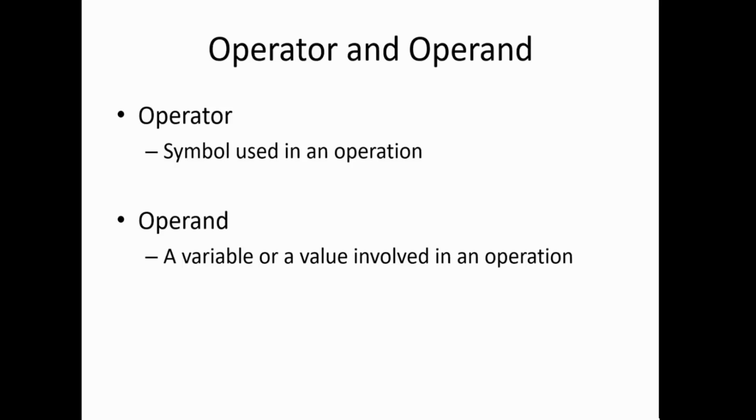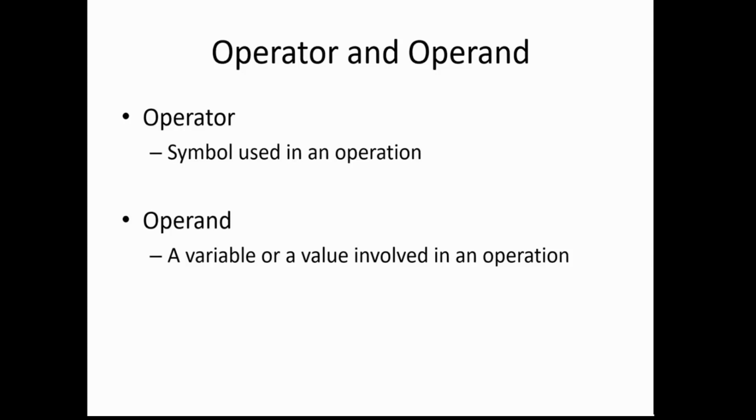This is about operators and operands, right? An operator is the symbol that we usually use for an operation. The values or the variables that we are going to use are called operands.